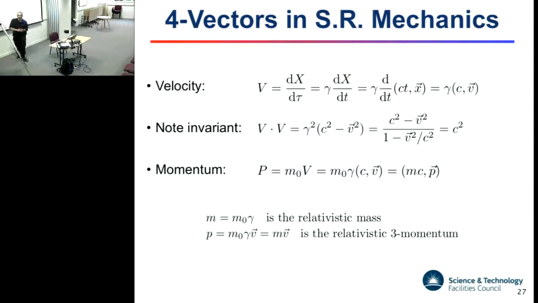If I differentiate t with respect to tau, that gives me the gamma, which is the gamma that you see out in front here. So that's the 4 velocity. Then you have the fact that the 4 velocity has this invariance.